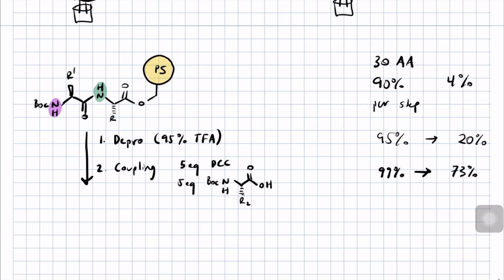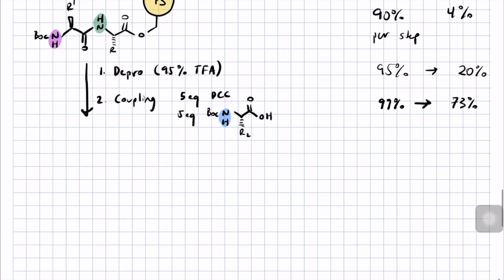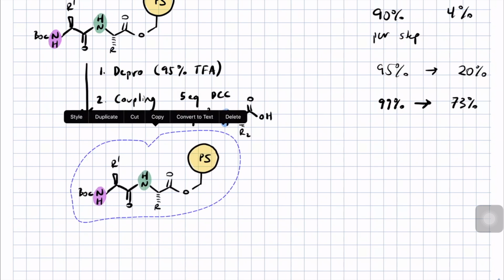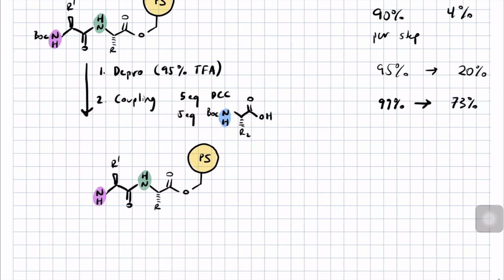We'll make that amino group blue. And in between the deprotection and coupling step, you would rinse. After the coupling step, you would rinse. Once we complete one cycle of coupling and deprotection, you've now attached a third amino acid to our growing peptide.